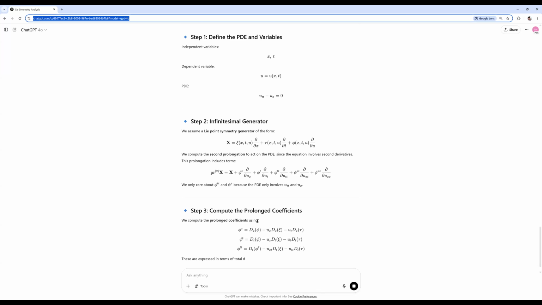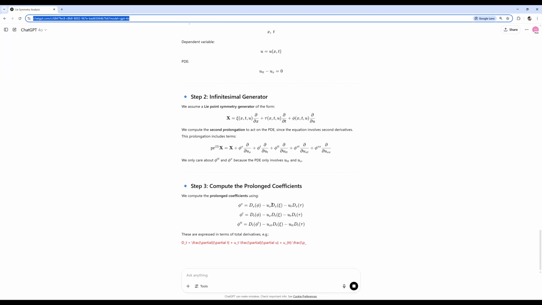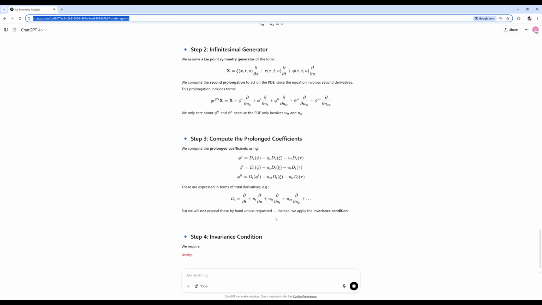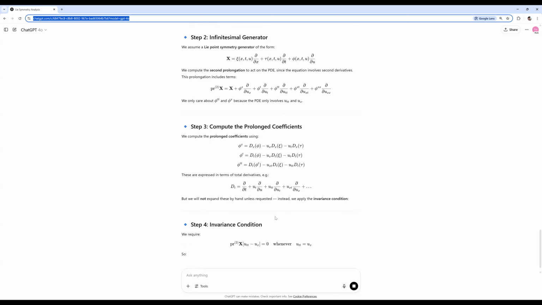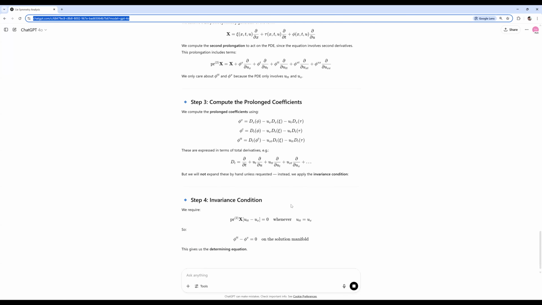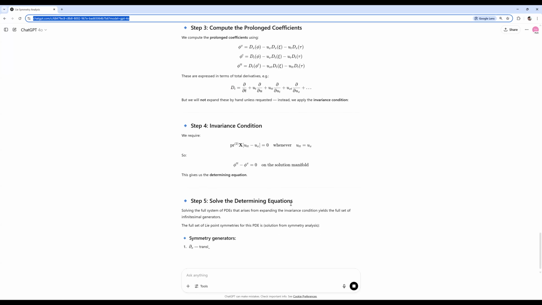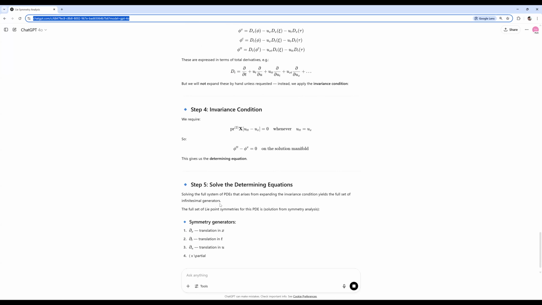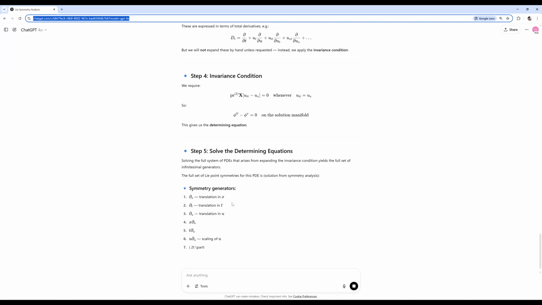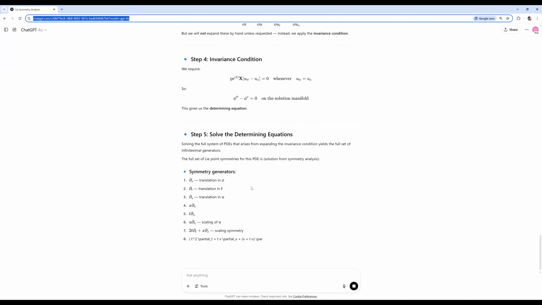So as you can see, it defines the coefficients, everything, and now we apply the invariance conditions. And these are the symmetry vectors that I presented before.